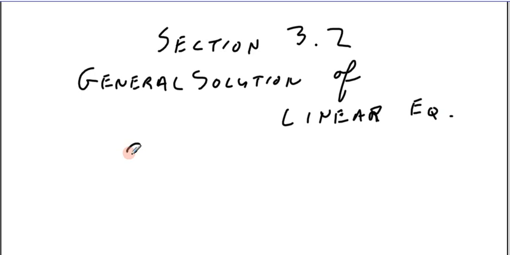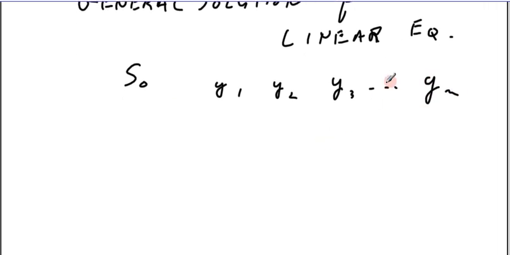So if a differential equation has solutions y1, y2, y3, all the way up to yn, somehow I found them, and by the end of this chapter we'll know how I'm going to do that, then there is a general solution.